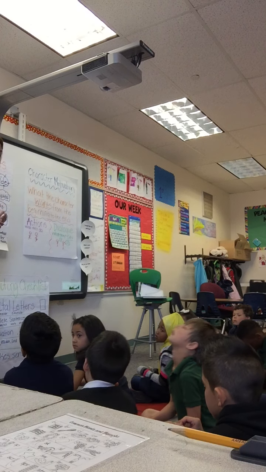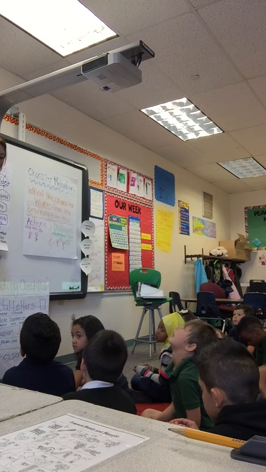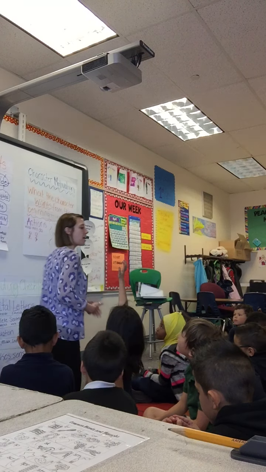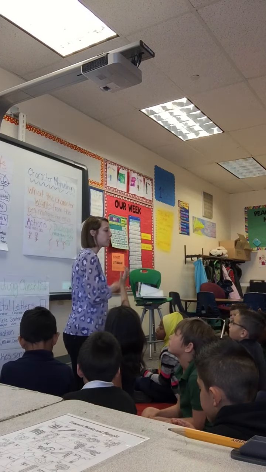She puts on her dress and then her sisters try to ruin it. Her sisters tried to ruin it? Tell me more about that. What else happens in Cinderella? Julian?